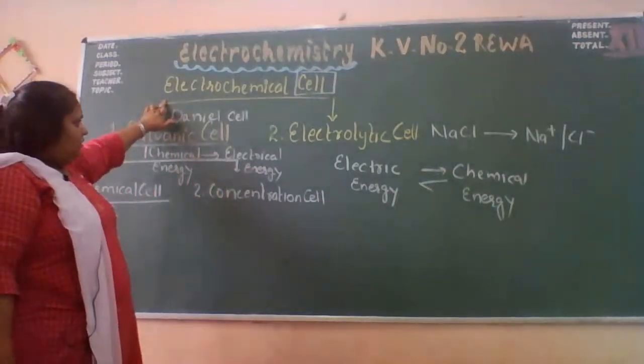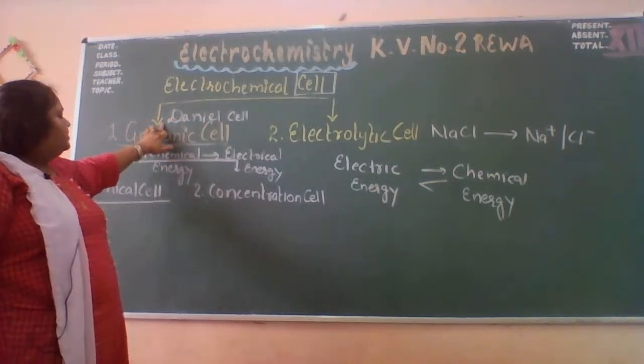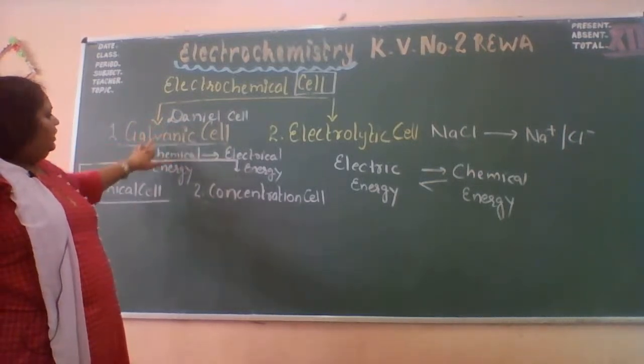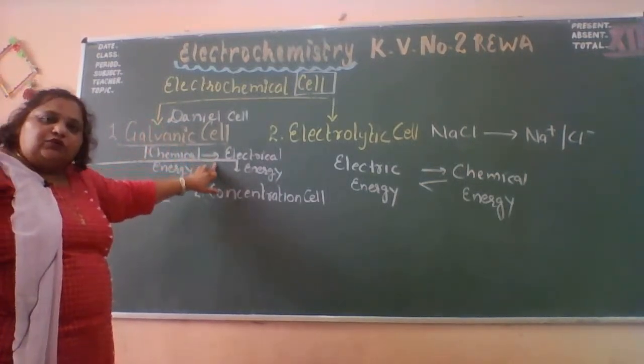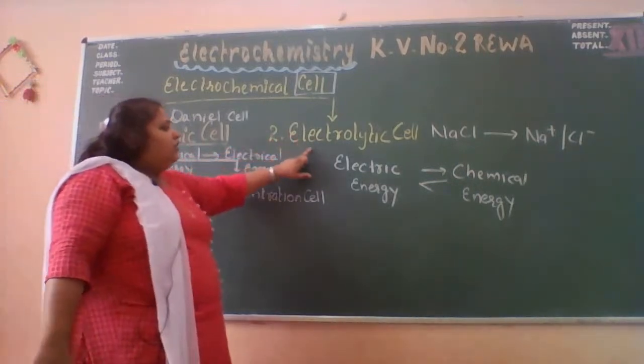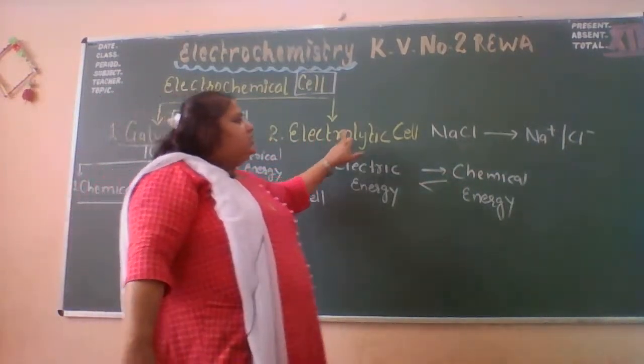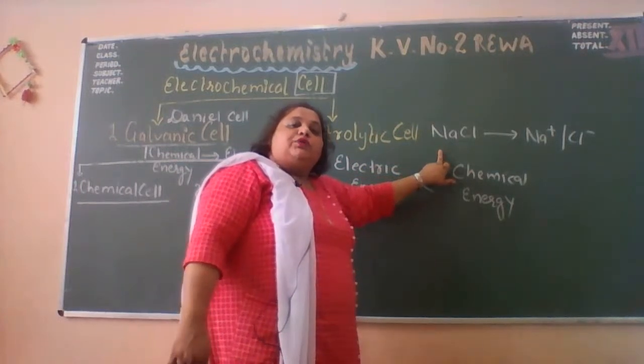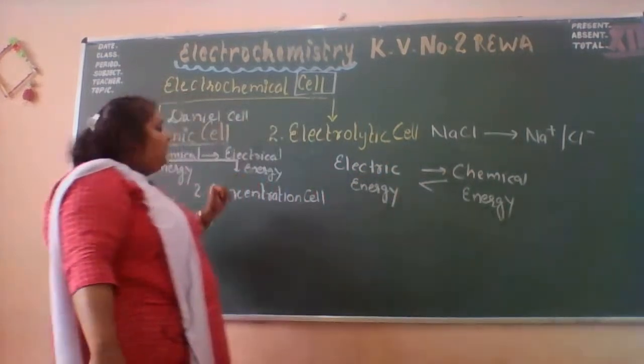Two types of cells are there. Galvanic: chemical energy is converted into electrical energy. Electrolytic: electrical energy is converted into chemical energy, right?